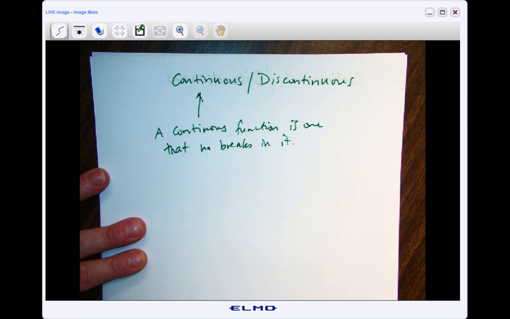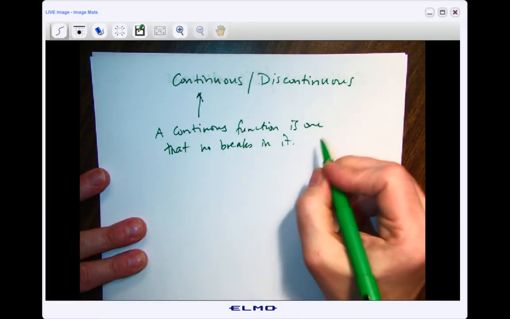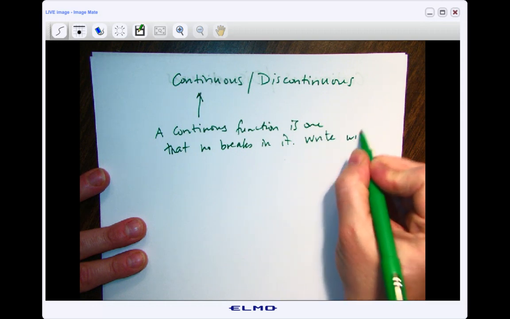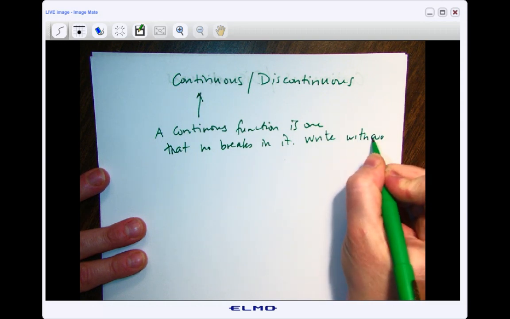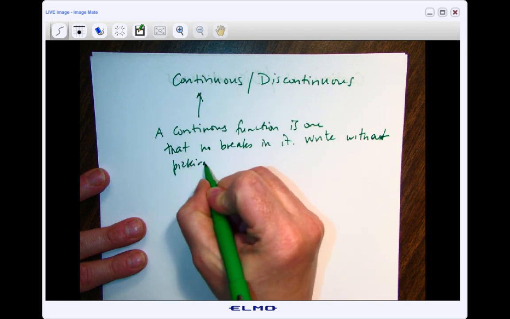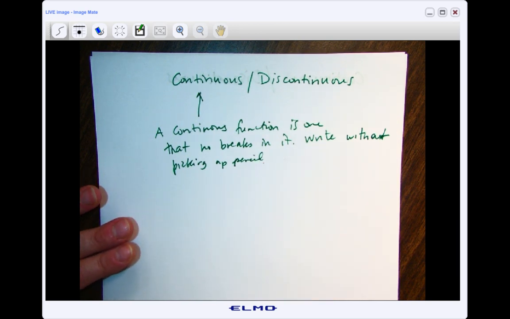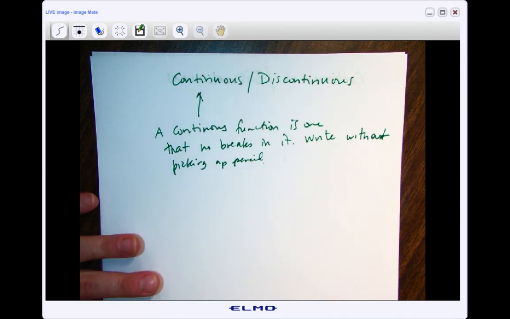Sometimes I think about it as you could write it with one pencil swoop, without picking up your pencil. So if I can draw the whole function without picking up my pencil, then it's continuous.